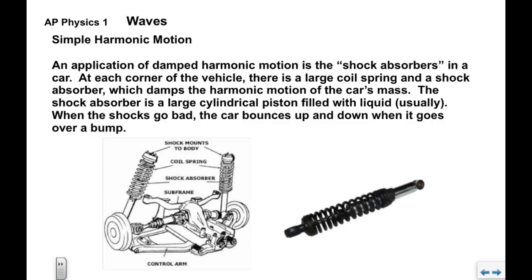When the shocks go bad and they don't damp the motion as well anymore, the car goes over a bump and it keeps bouncing up and down because the damping depends on the shock absorbers. And when they go bad, they don't damp anymore. And that's how you know.